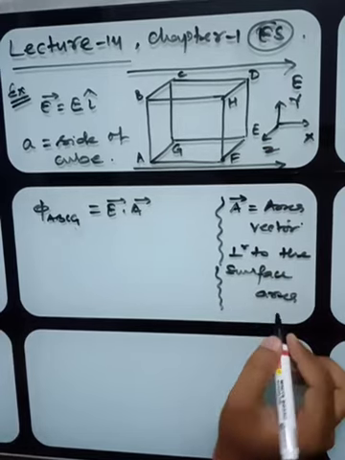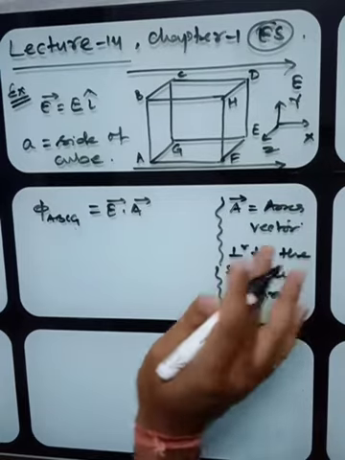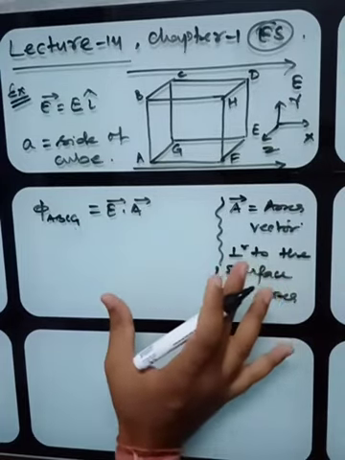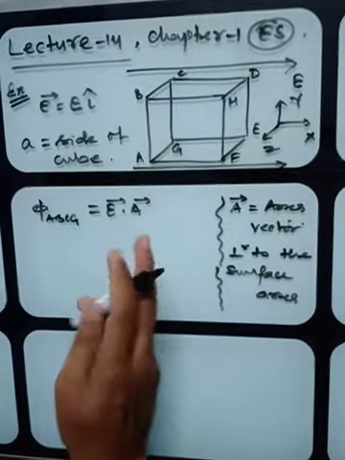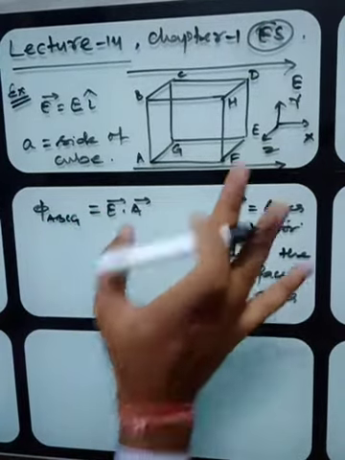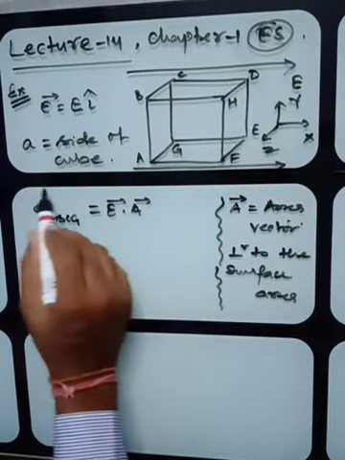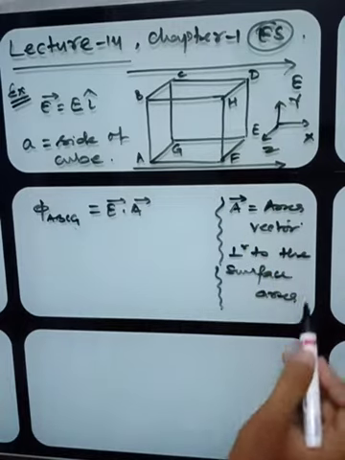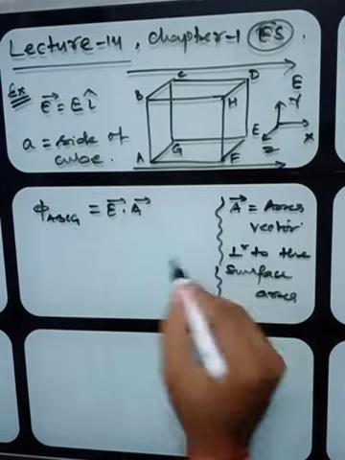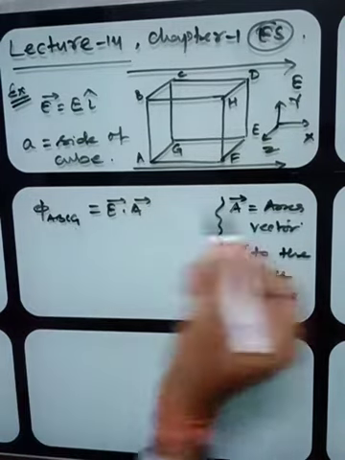You have already been studying the surface area. For example, if I ask the area vector of this board on which we are studying, you can write the area of this slab as length into breadth.